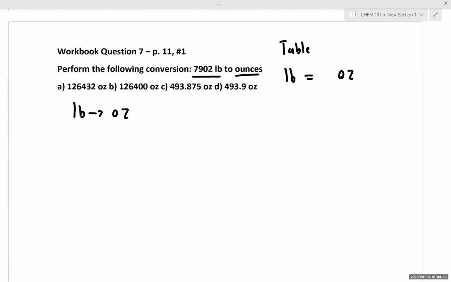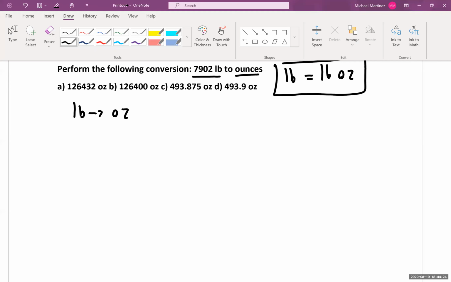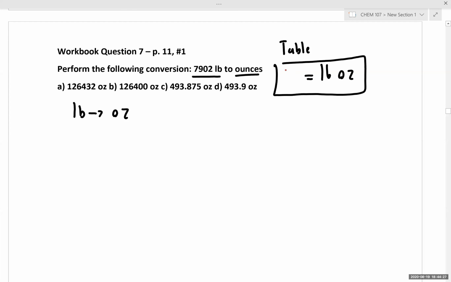As I see in the chat, 1 pound is equal to 16 ounces. This is from the table, so you don't have to worry. Just to be clear, I'm going to write pound in red. So 1 pound is equal to 16 ounces. You don't have to memorize that, that's just reading from the table. So given that conversion factor, I'd like you to convert from pounds to ounces.